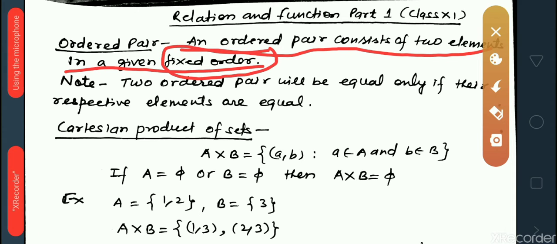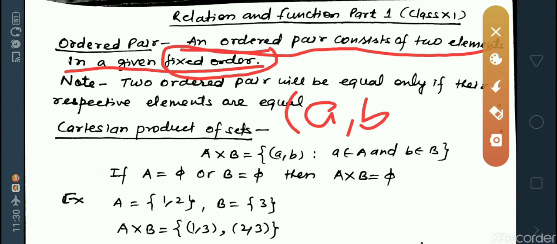It means if you write A comma B, that means A will be at the first place and B at the second. We cannot write them by interchanging them, means writing A in place of B and vice versa.